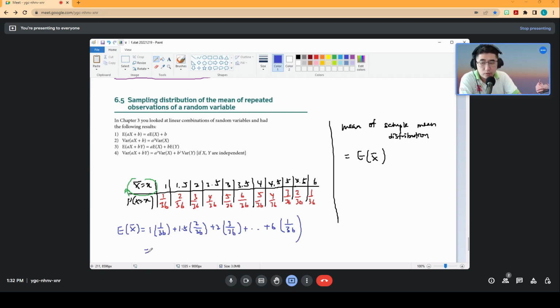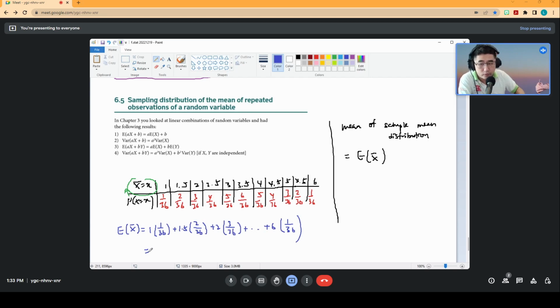1 plus 3 plus 6 plus 10 plus 15 plus 3.5 times 6 plus 20 plus 4.5 times 4 plus 15 plus 11 plus 6, divided by 36.